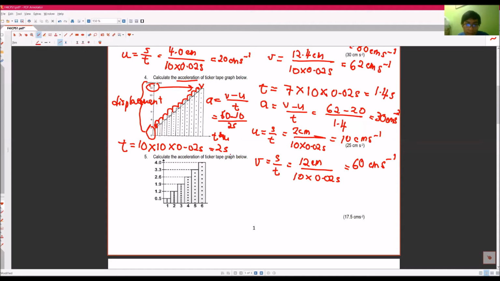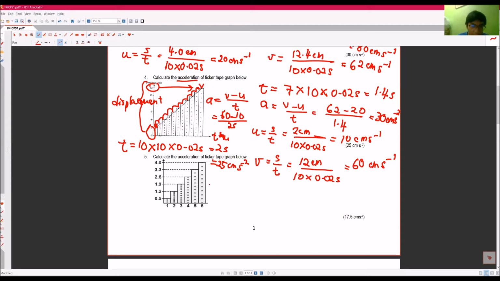So the answer is 25 cm s^-2. If the graph is increasing linearly like this, it's accelerating, positive acceleration. If the graph is decreasing in length, it's decelerating, negative acceleration. Okay, let's see number 5.